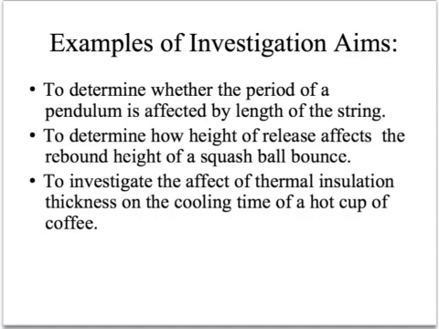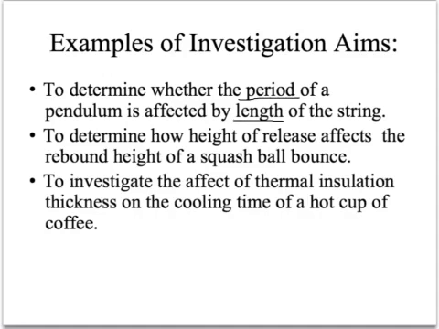So here are some examples of investigation aims. The first one here, to determine whether the period of a pendulum is affected by length of the string. So in this case, we have two variables in the aim. We have the period and we have the length.